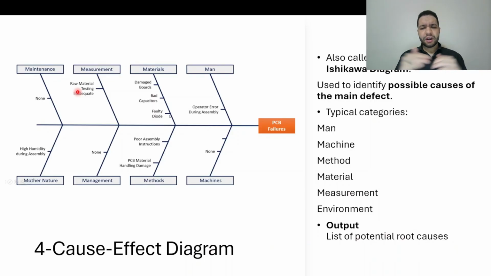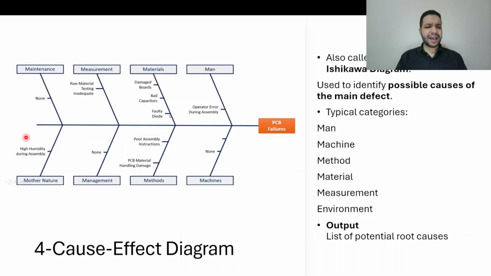There are common major categories like man, machine, method, environment, and so on, and I can adjust it to my industry. So here I have many branches, and with each branch I see the possible causes. So the use of the cause-effect diagram is to list all potential root causes.